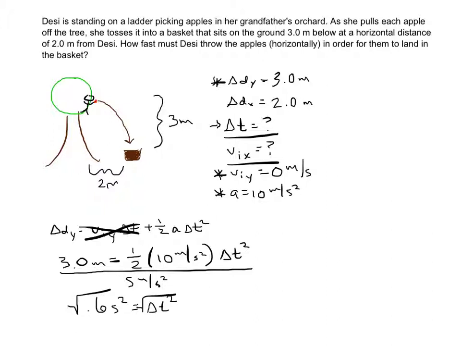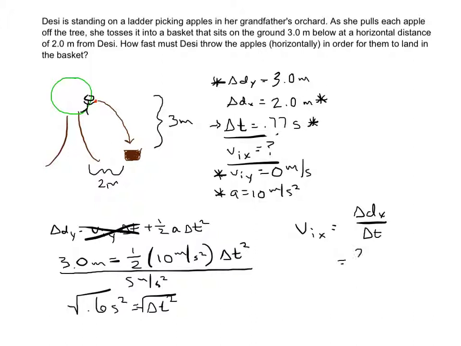The last piece here is just to square root, and we should get delta t, and I'm going to erase this for us now, delta t equals 0.77 seconds. So now we know the time that it takes for the apple to fall, and we also know the horizontal distance it falls right there, and we know that velocity equals distance over time.